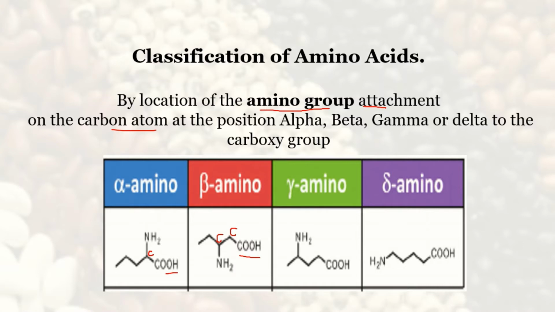Then we have gamma amino, which is attached to the third carbon, and finally delta amino, which is attached to the fourth carbon in relation to the carboxyl. So we use the relationship of the attachment of the amino group.